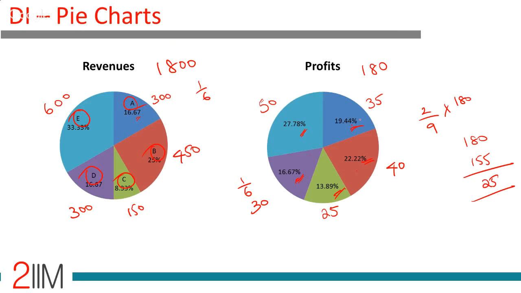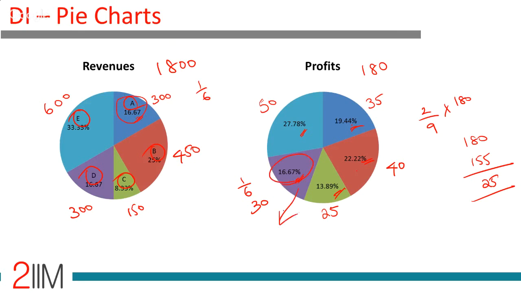Whatever share of revenues this company has, you should have the same share of profits, where the profit margin of the division and the overall company are the same. So if you look at these percentage numbers and these percentage numbers, one of them will be the same. The share of profit and share of revenues will be the same, and that's what you're looking at. And the only number that is common is this funny 16.67% number, which is here.